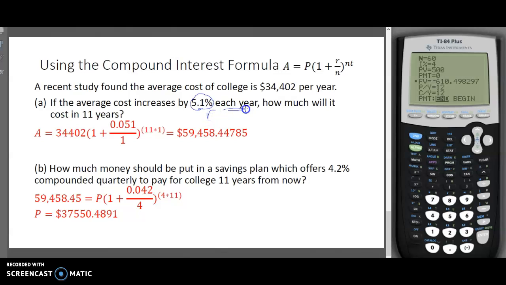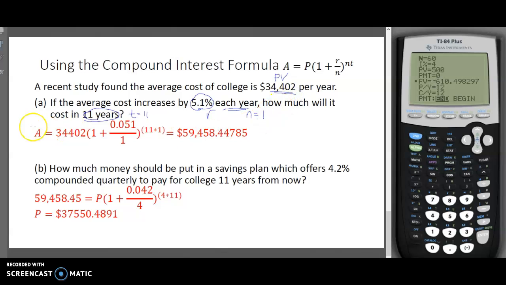Each year, since it's increasing each year, that means it is compounding each year. So our N is equal to 1. We're talking about a time of 11 years, so our time equals 11. And the present value, this is the present value of attending college.